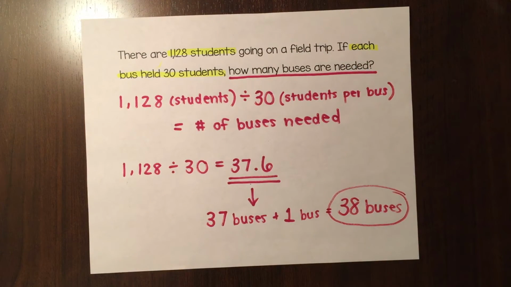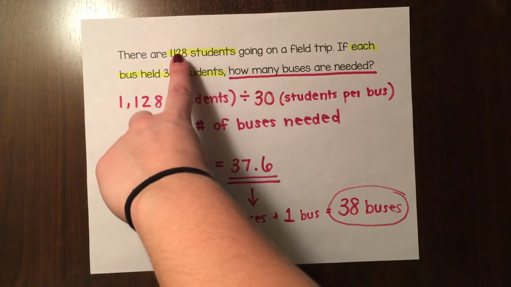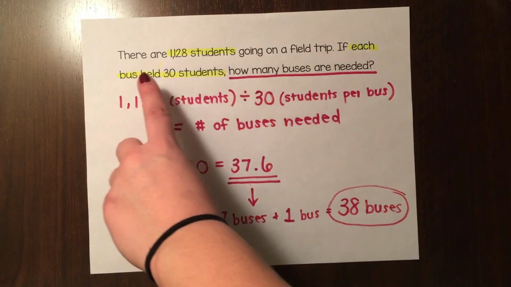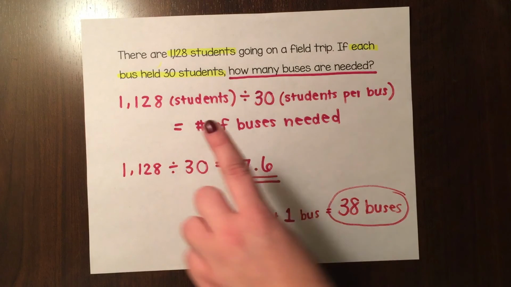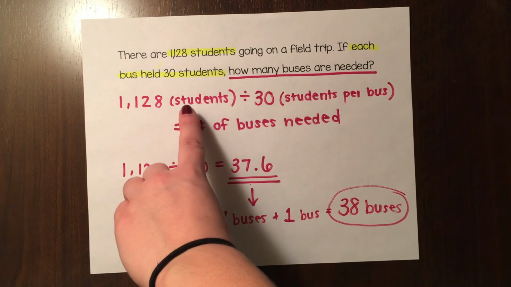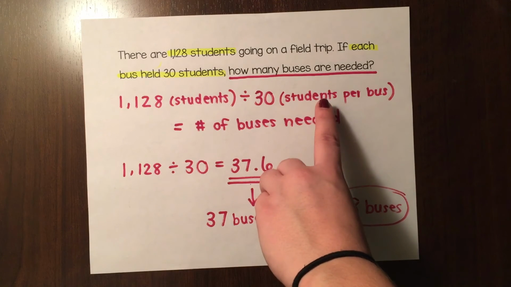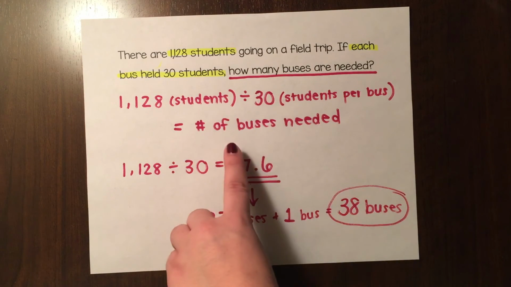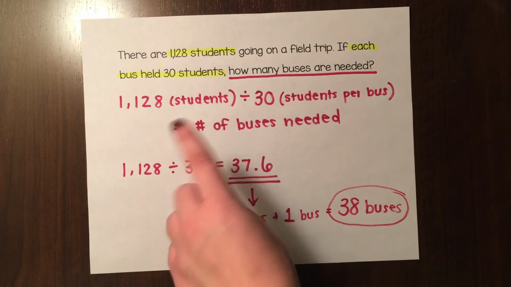The information in the problem tells us that there are 1,128 students total, and each bus holds 30 students. Therefore, dividing the number of students, 1,128, by the number of students that can fit in each bus, 30, will give us the number of buses needed.